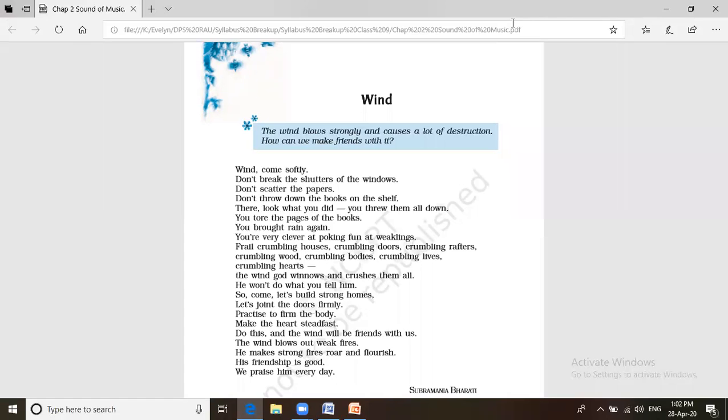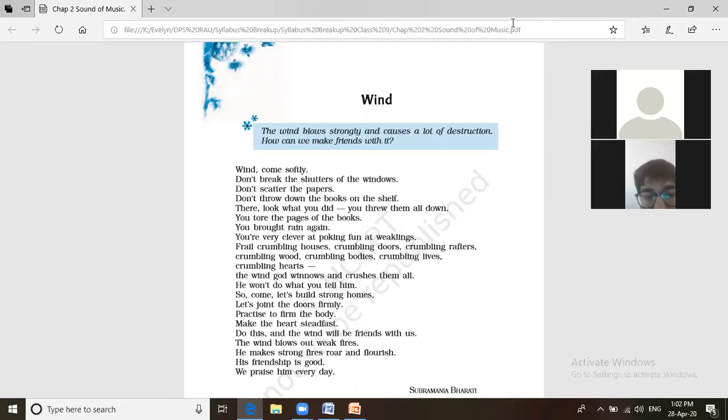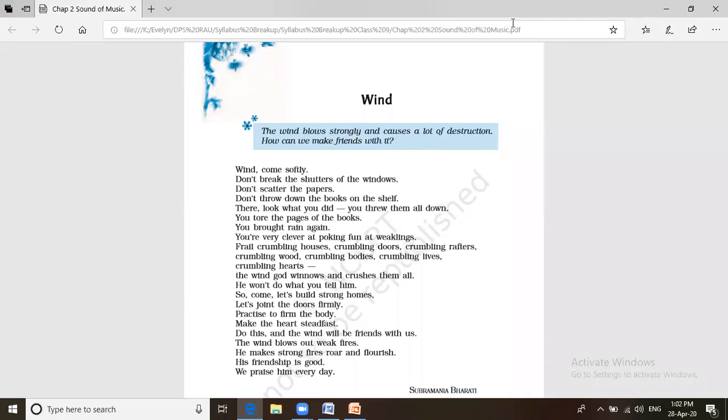Wind comes softly, don't break the shutters of the windows, don't scatter the play papers, don't throw down the books on the shelf. These 4 lines, I just want to get the ball rolling. These are very simple lines, but I want you all to raise your hand so that I can unmute you, and I want you to do the explanation.